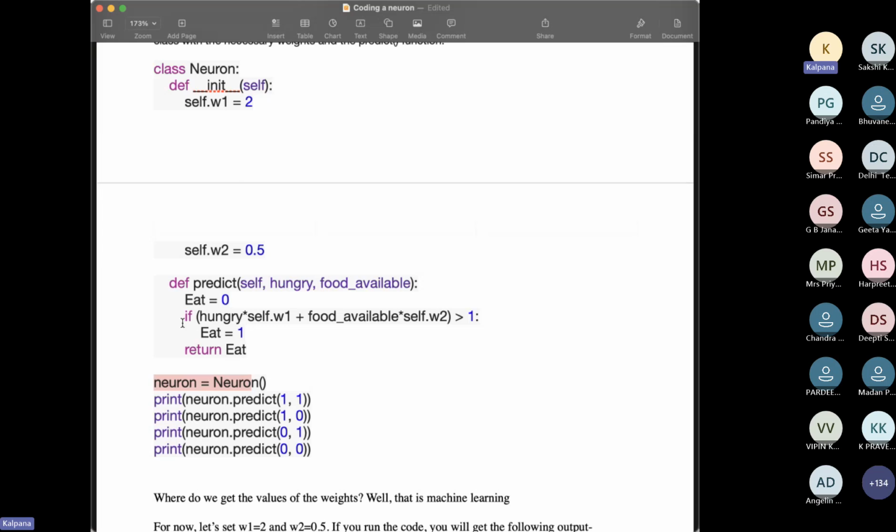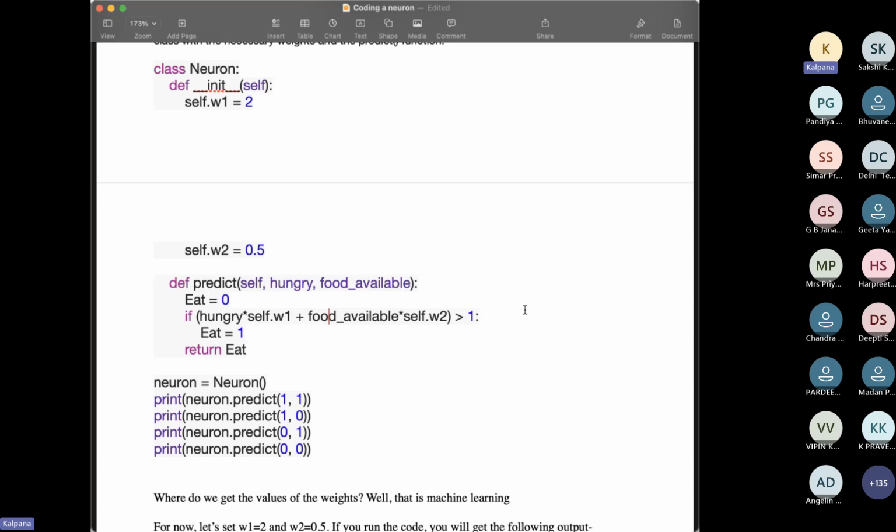Okay, so now we have created a neuron and we are using this object neuron to predict. So we are calling the method predict on neuron. So neuron.predict(1, 1). You can think of now what will be the answer. Now this one will be multiplied by 2 and the second one will be multiplied by half. So this is 2 plus half, which is greater than 1.